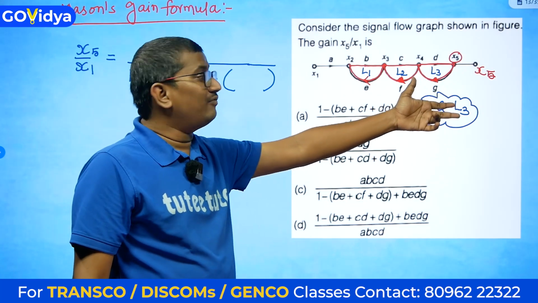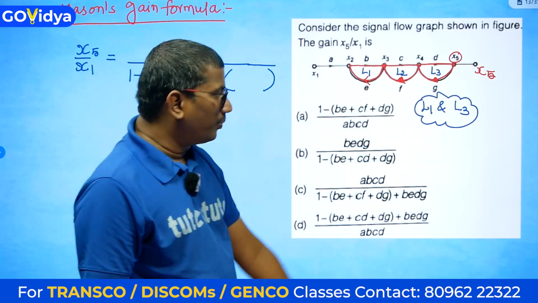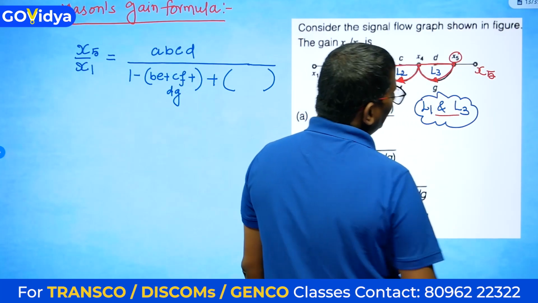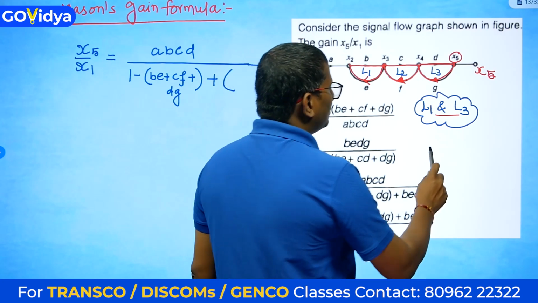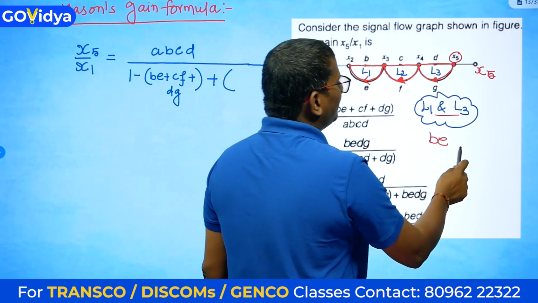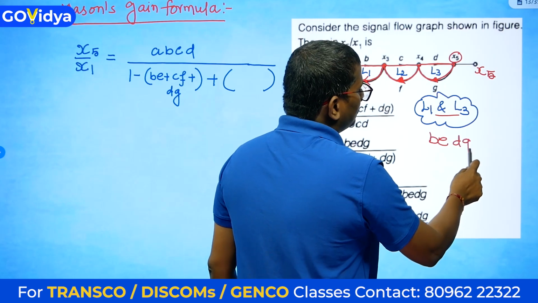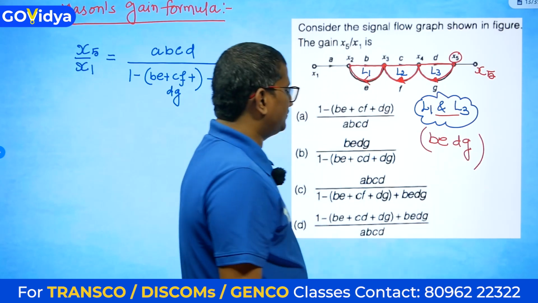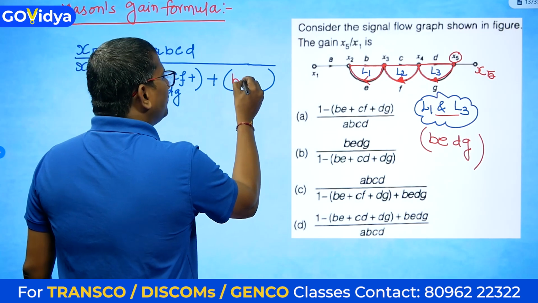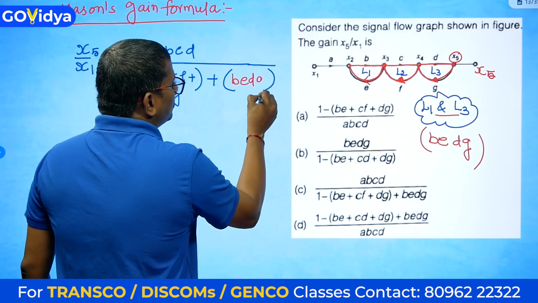Therefore, we have only one pair of non-touching loops, that is L1 and L3, whose gain is BE multiplied with DG. So here I am writing in red color, BE with DG.